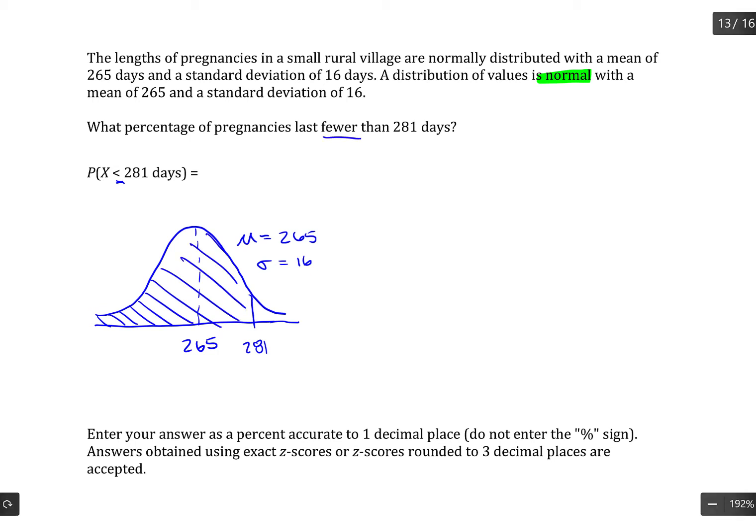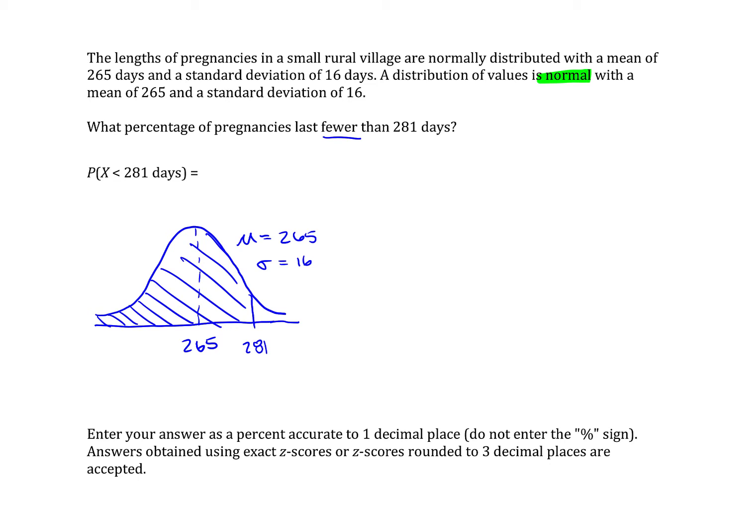Now, even though this says fewer than 281 days, don't be tempted to make the probability stop at 280. When it comes to normal distributions and continuous distributions, you could actually have 280.9 days, and that's perfectly reasonable in this situation.